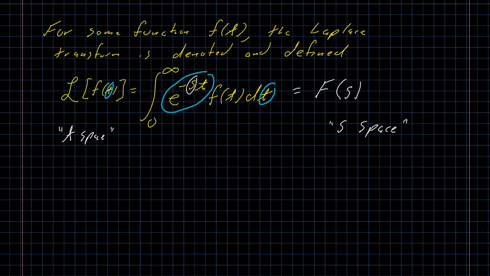But if we look at this expression, and maybe I'll rewrite the integral to get rid of all of the notation I've drawn on top of it, we're taking the integral from 0 to infinity of e to the minus st times f of t dt.